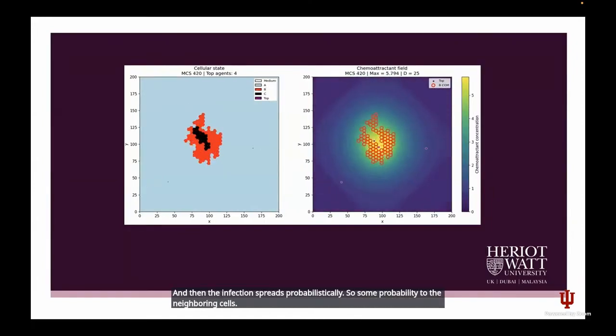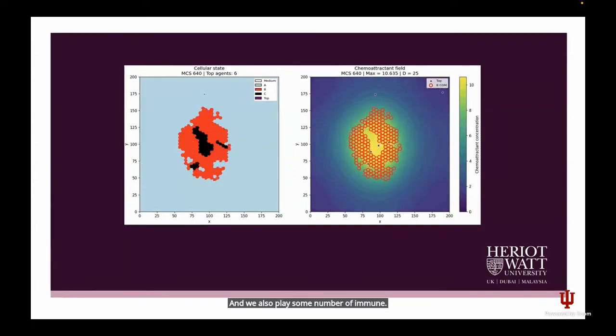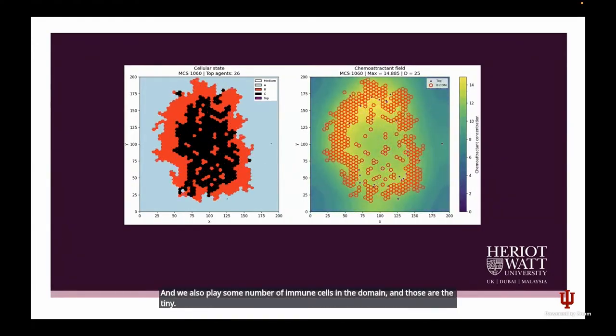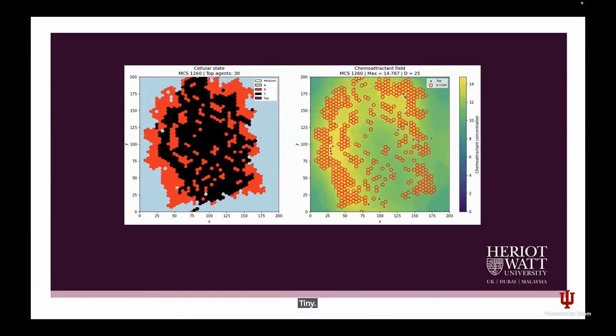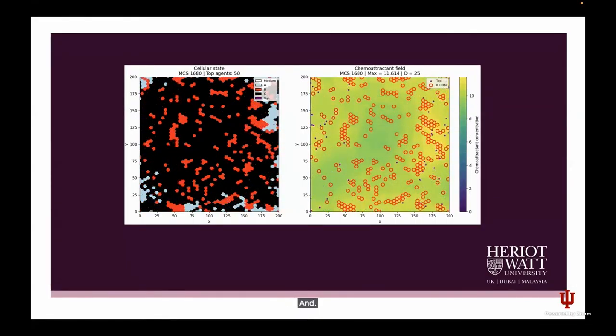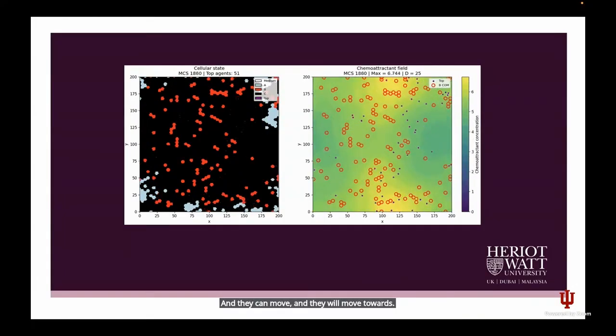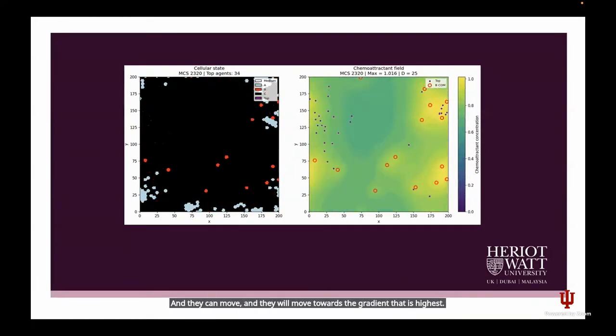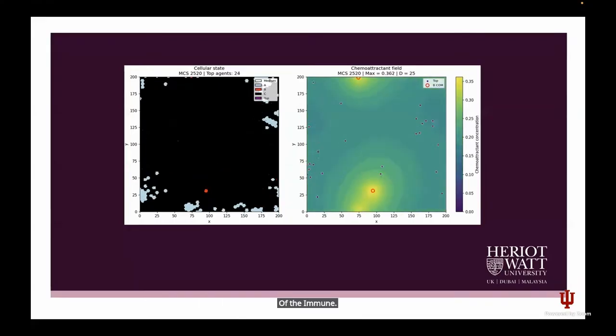And we also place some number of immune cells in the domain, and those are the tiny purple cells. And they can move, and they will move towards the highest gradient of some sort of chemoattractant secreted by the immune cells.